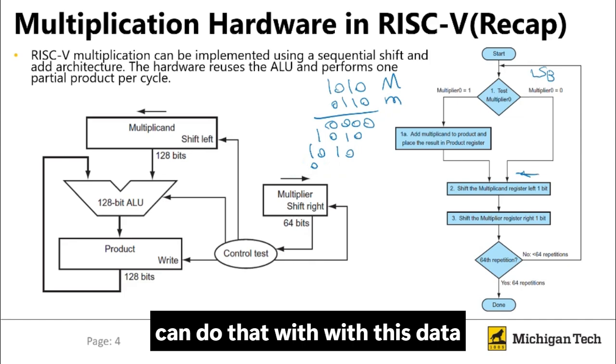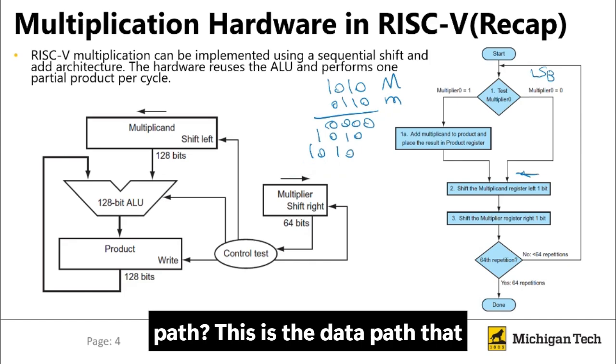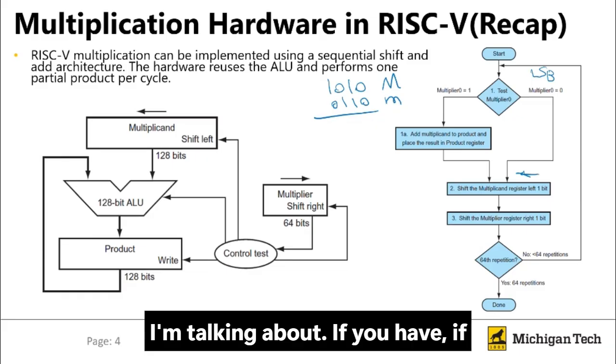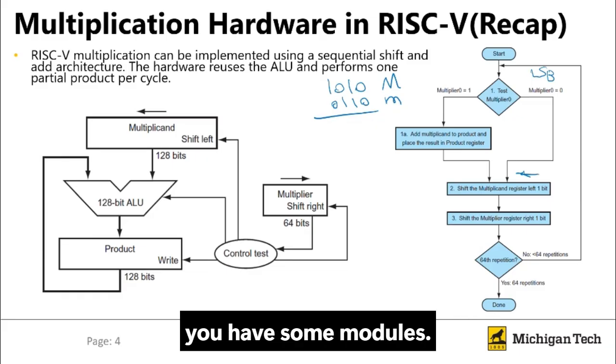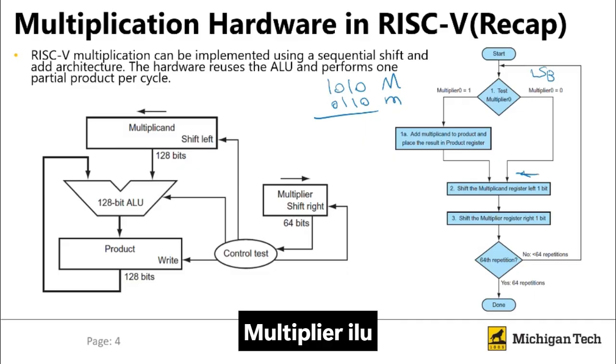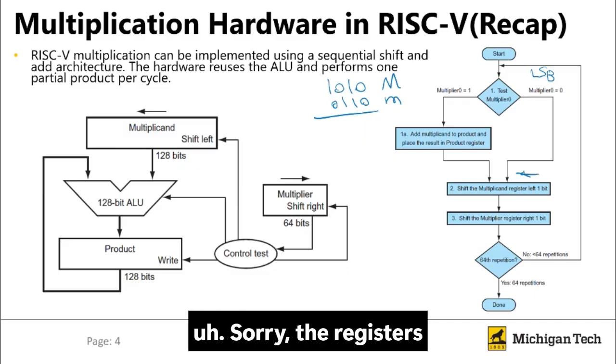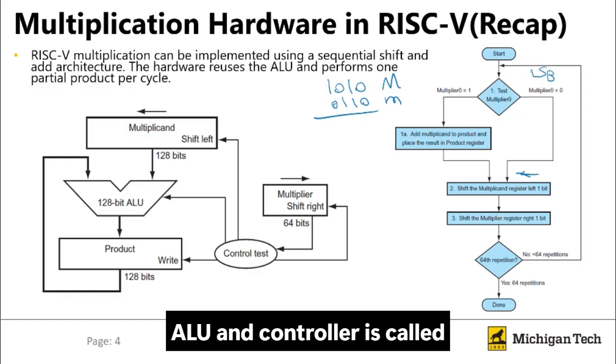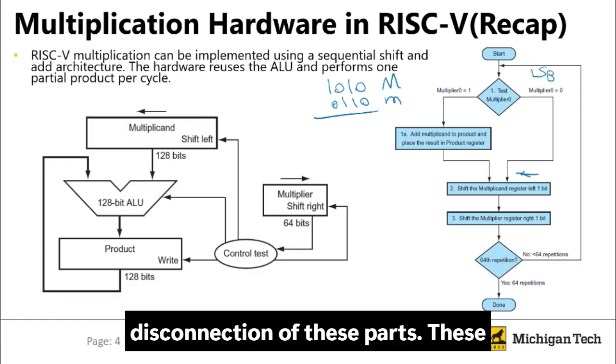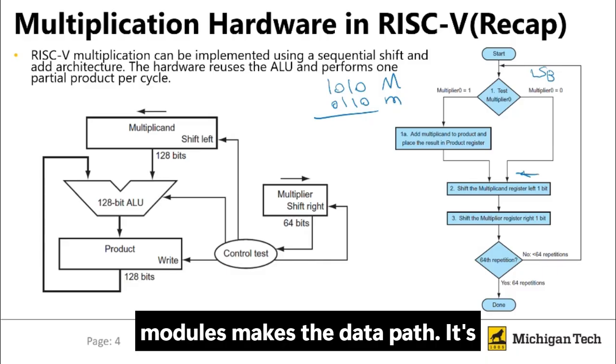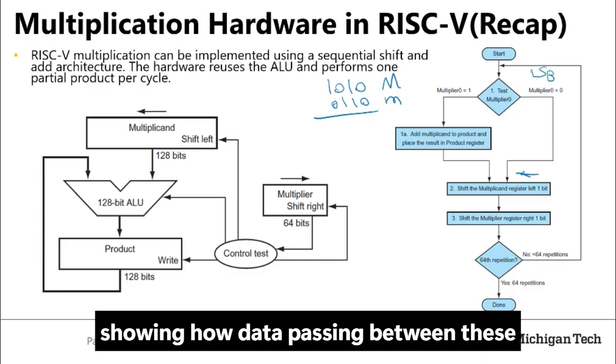So how can we do that with this data path? This is the data path that I'm talking about. If you have some modules like the multiplier, ALU, the registers, and controller, the connection of these modules makes a data path.